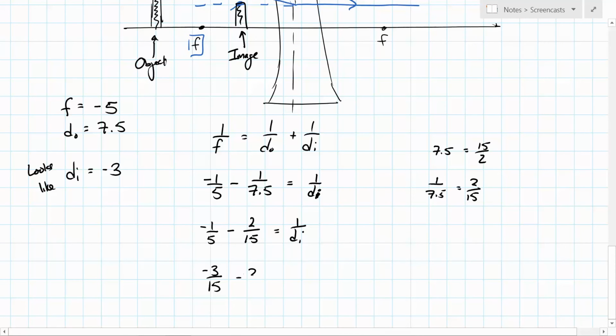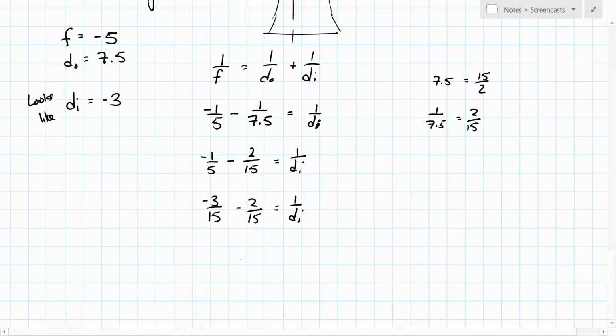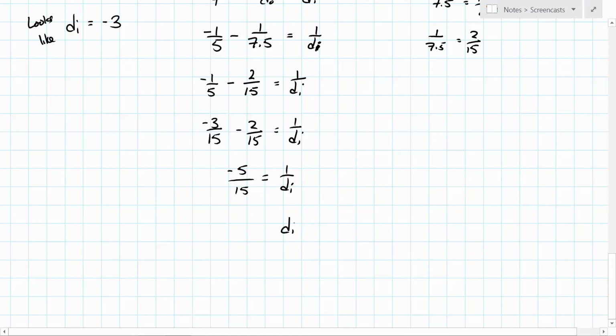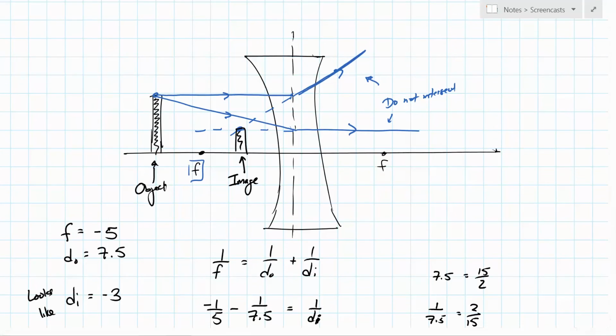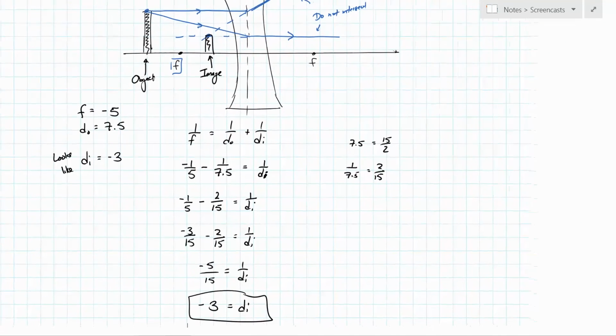That's 3/15, 2/15, which is usually known as minus 5 over 15. Wow. I did a nice job with my picture this time. Again, we flipped because I want to know what DI is, not 1 over DI. Check out that. Boom.